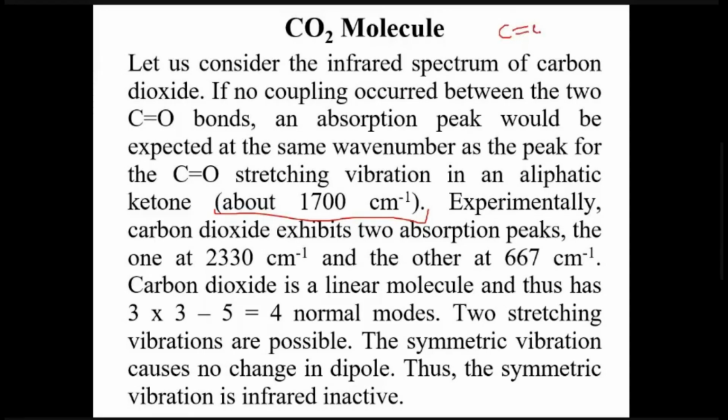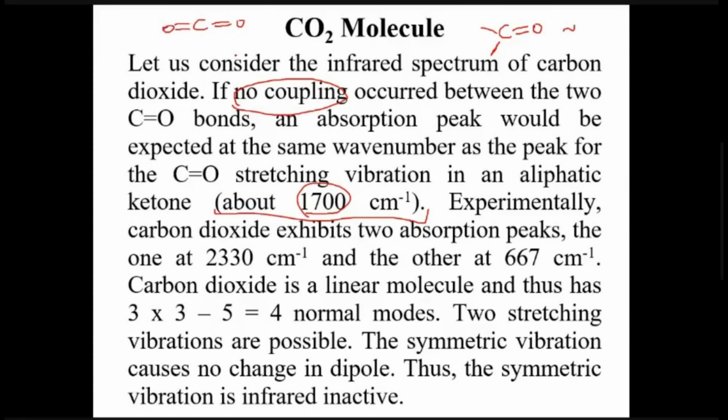See what they are trying to say: there is a carbonyl bond in the molecule. So for the carbonyl bond, you get one peak at approximately 1700 centimeter inverse. So you are expected to observe that peak, provided there is no coupling occurring between the two CO bonds. Now, the two CO bonds are in exactly opposite directions in the carbon dioxide molecule.